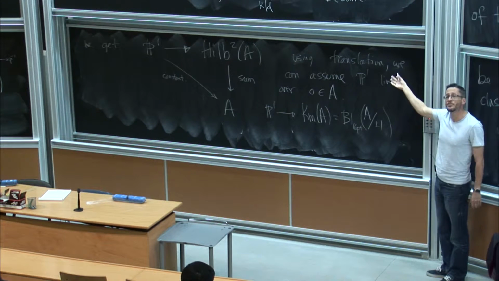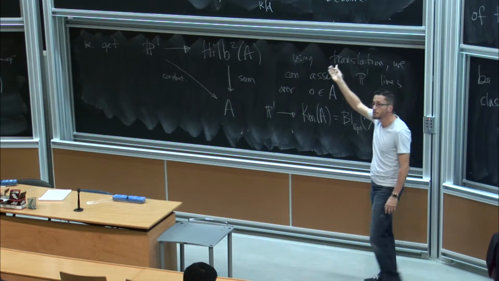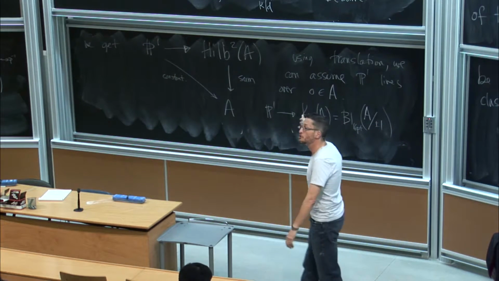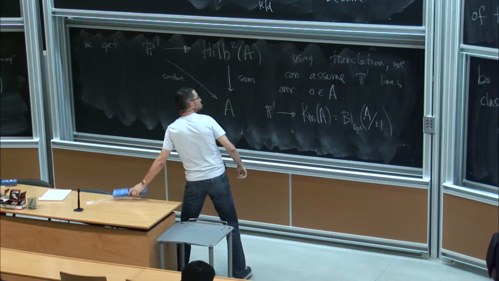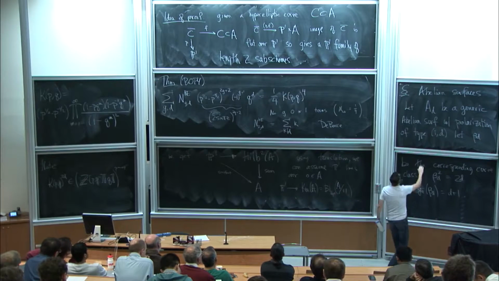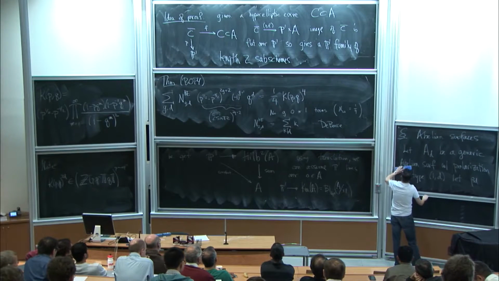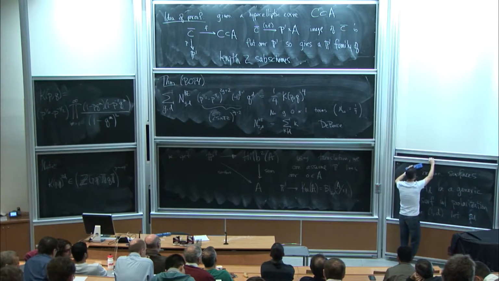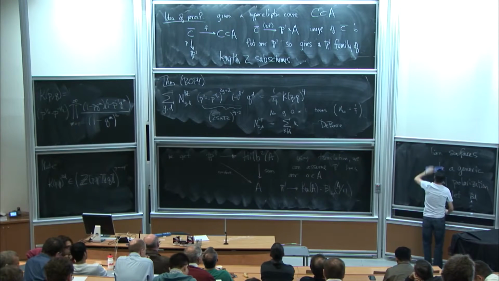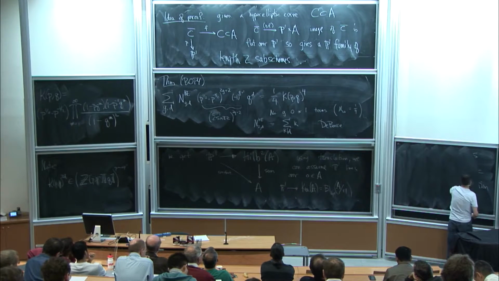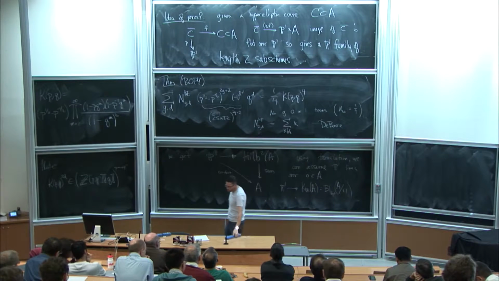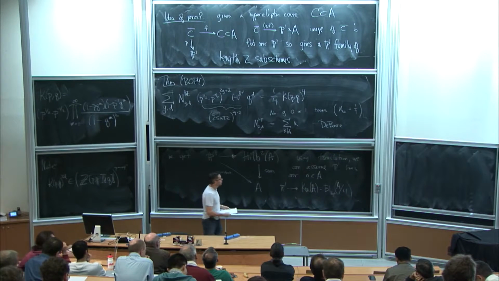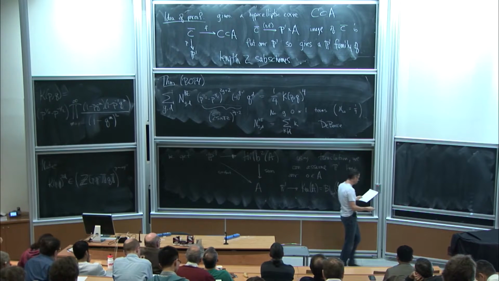And so what we find is a dictionary between hyperelliptic curves on the abelian surface and rational curves on the Kummer K3. Okay, so we've reduced this problem to studying rational curves on a Kummer K3.